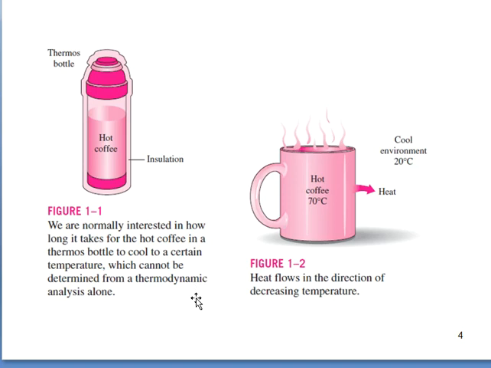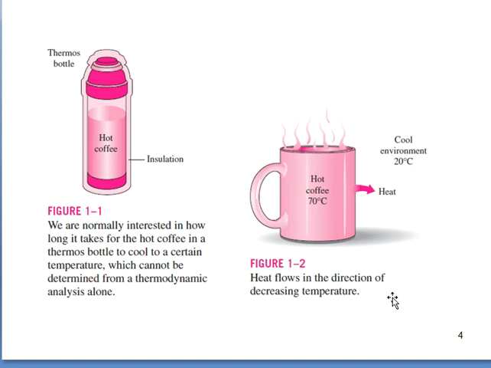In thermodynamics, only the amount of heat transferred can be determined. But over what period of time that amount of heat transfer takes place, we cannot determine. For that, heat transfer is required, which gives the time for the transfer of a particular amount of heat.